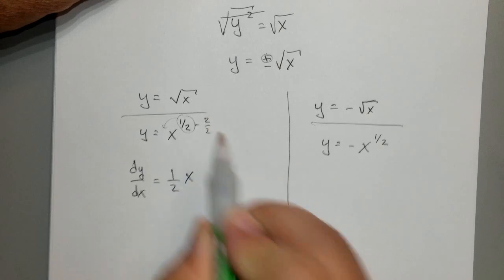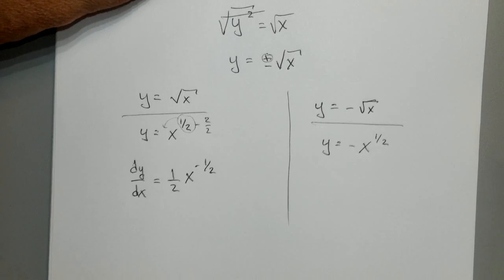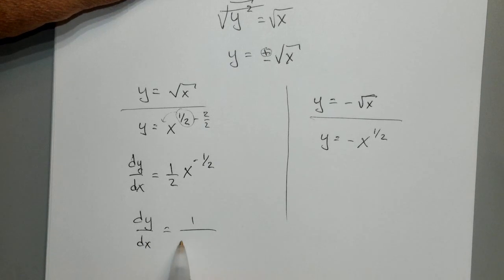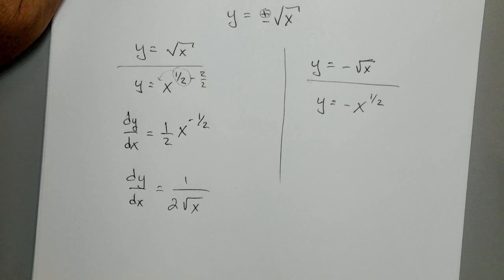So you're subtracting by 2 over 2, so you get negative 1/2 on top. So this one becomes, so there's the first derivative of the positive side.